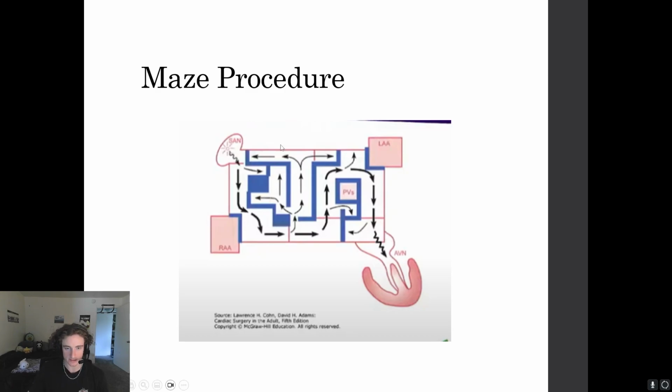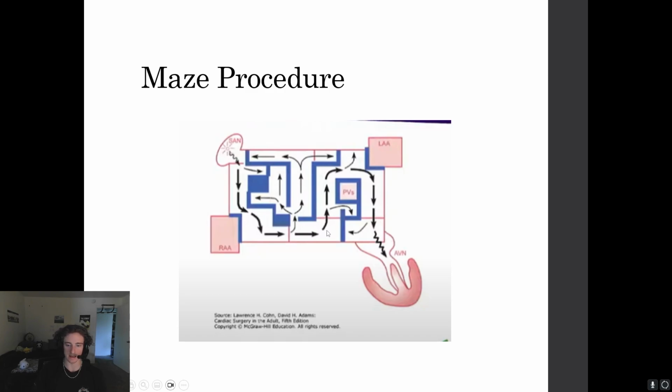All these blue lines would be the ablation lines, right? So pulmonary vein isolation, look at them, they're completely closed off by ablation lines. So you're isolating them so that if this sends a signal, you don't also have this sending a signal, right? If this area of the right atrium sends a signal, it can't go anywhere. It has to go through the same pathway.